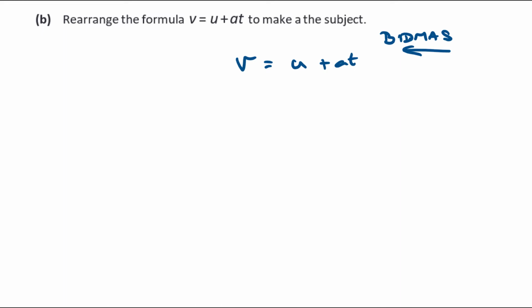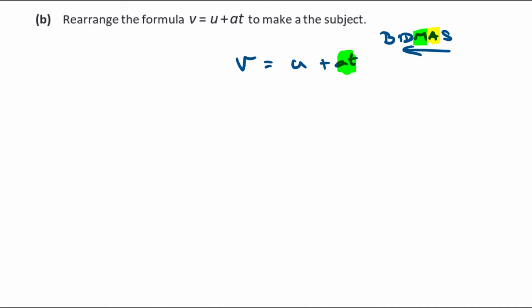When evaluating like I did earlier, I multiplied the bit at the end first, and then I added it onto the 15. Now if I'm going to rearrange it, I'm going to have to do that in the opposite order. I'm going to have to deal with the addition first and then the multiplication, going through BIDMAS backwards.